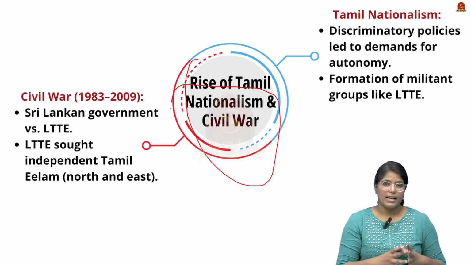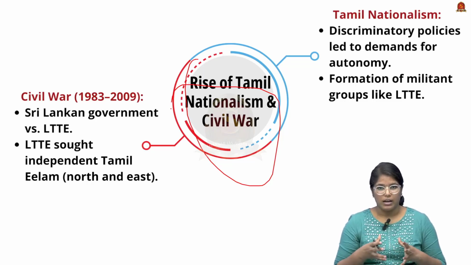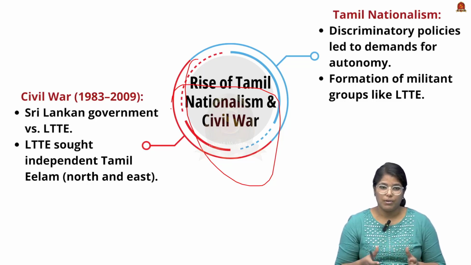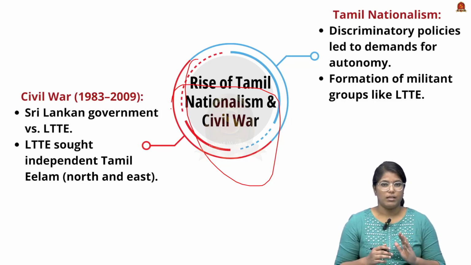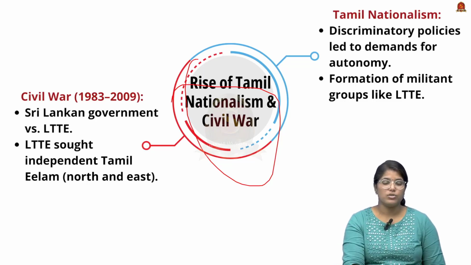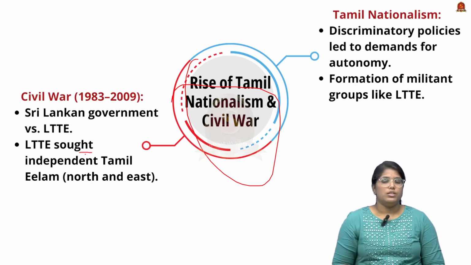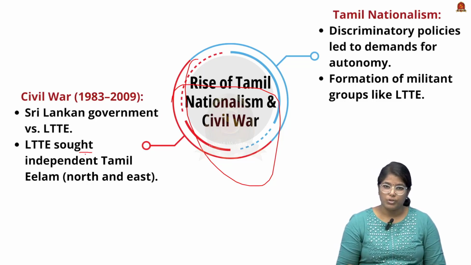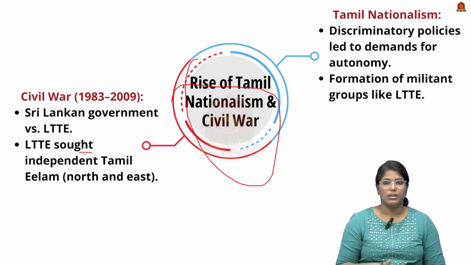All these led to Tamil nationalism in Sri Lanka, and it led to an actual civil war between two factions, with the LTTE, which is the Liberation Tigers of Tamil Eelam. The basic demands of the LTTE were equal opportunity in terms of employment, education, as well as economic terms.